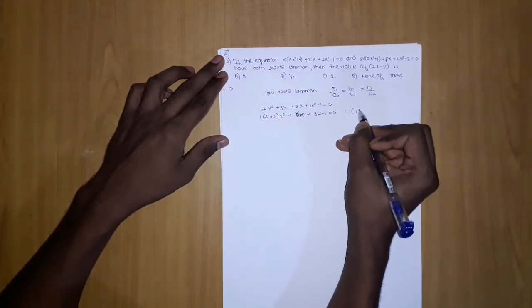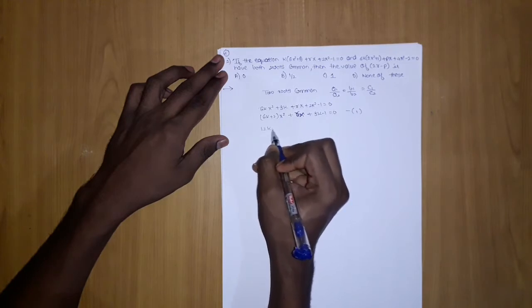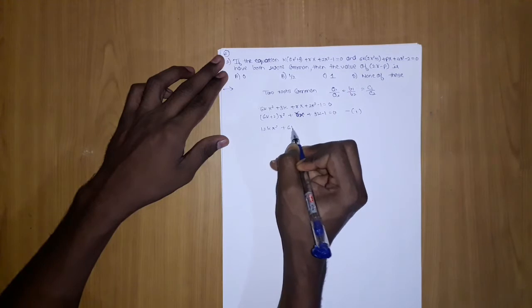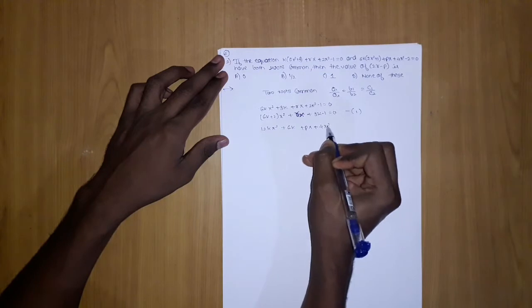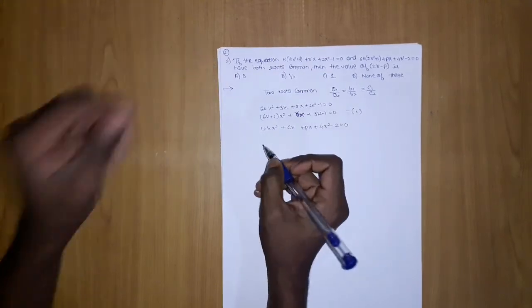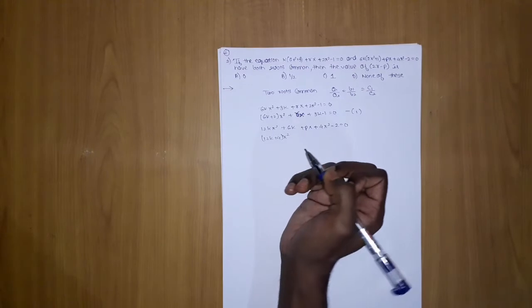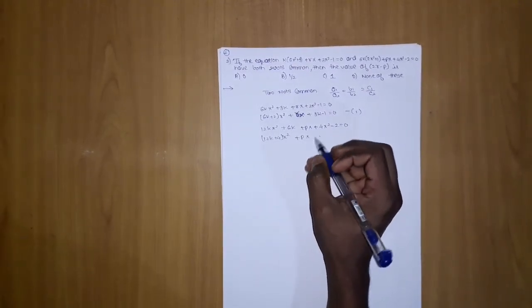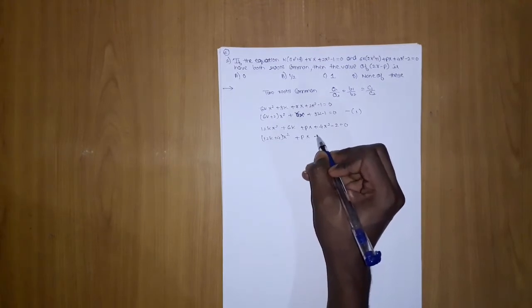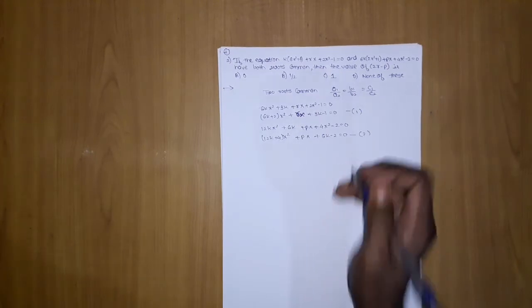In the second equation it will be 12k x square plus 6k plus px plus 4x square minus 2 equal to 0. Moving on further, we have 12k plus 4 x square, and here we have px, like there we have rx, and then 6k minus 2 equal to 0.